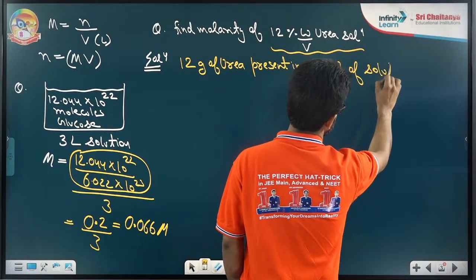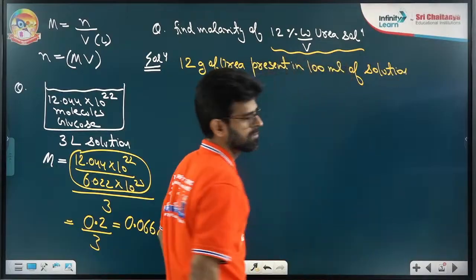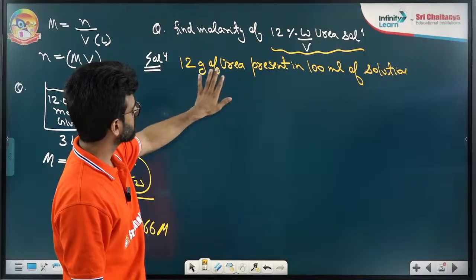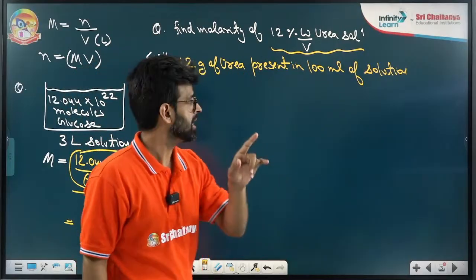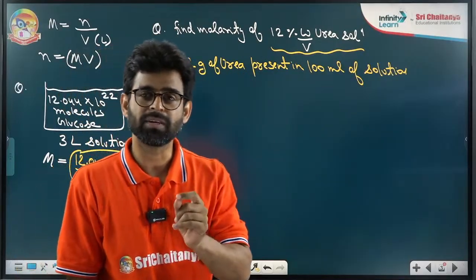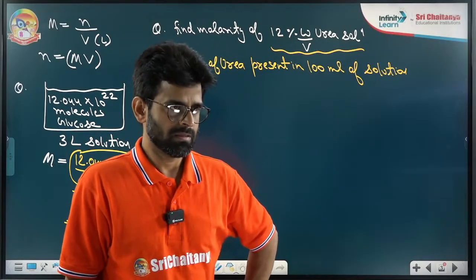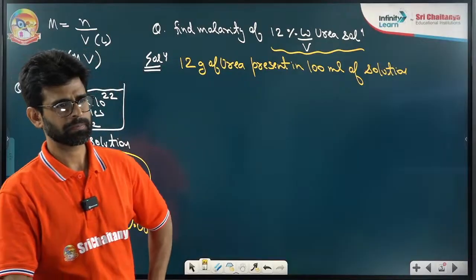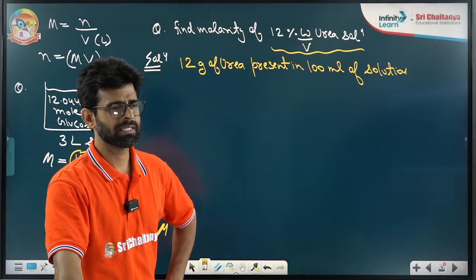From this statement, I can clearly write this: 12 gram urea is present in 100 ml of solution, because it is weight by volume. Now I think you can solve the question. Give me the answer fast.